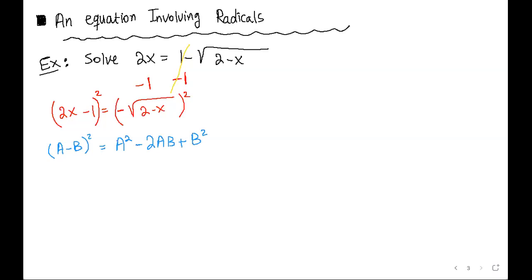So the first one squared is 4x squared, minus 2 times the first one, 2x, times the second one, which is 1. Or I can put plus minus 1, plus the second one squared.